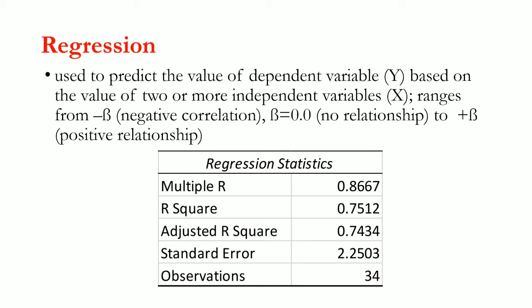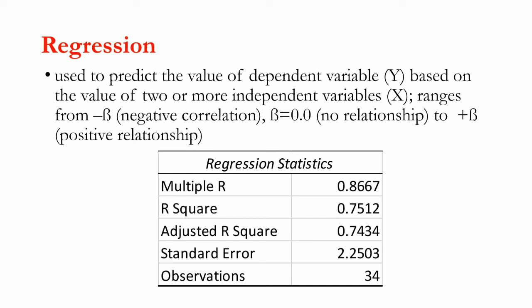75% of the value of the dependent variable is explained by the independent variable x. The remaining 25% is accounted for by other independent variables. So in this case, you are comparing, for example, one x variable and the y variable. So that x variable influences the value of the y variable by 75%.